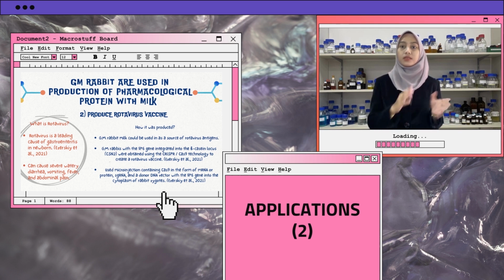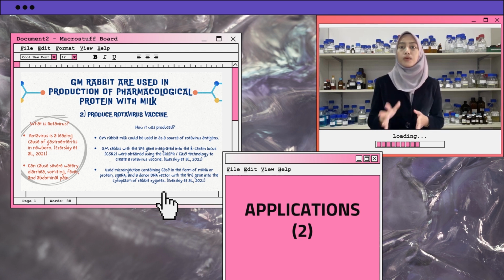So, how was the rotavirus vaccine produced? Transgenic rabbits that secrete recombinant proteins VP2 and VP6 in milk were obtained, whose milk could be used as a source of rotavirus antigen. GM rabbits with the VP6 gene integrated into the beta-casein locus were obtained using the Cas9 technology to create a rotavirus vaccine.